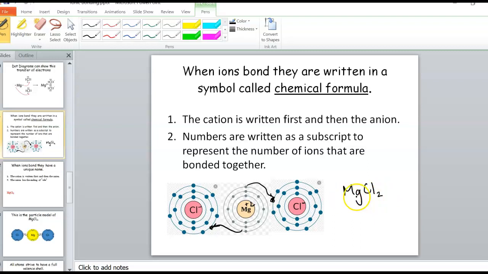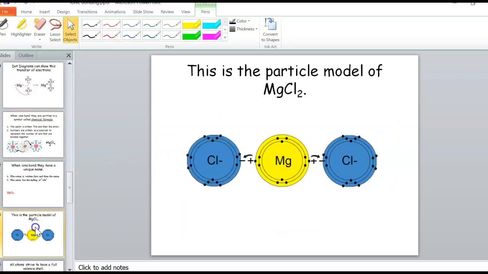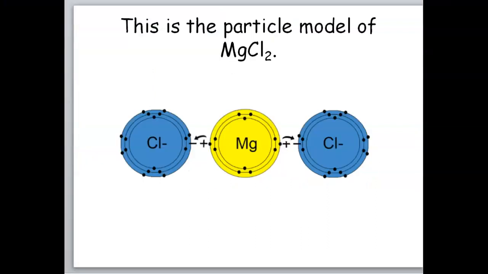So it's written as MgCl2. Let's try the next one. Oh, and just one more thing. How would that look? That would look like this if you have just particle models, where you'd have 1 magnesium and then 2 chlorines.